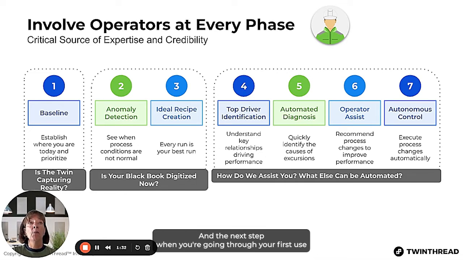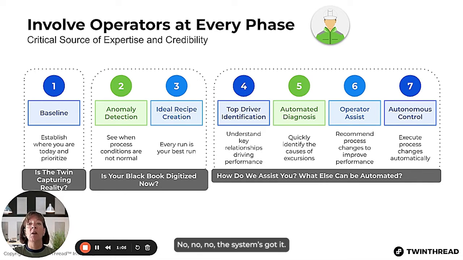In the next step, when you're going through your first use case, you're detecting those anomalies and you're starting to make change, you really want your operators to be able to say, you know what? I don't need my black book anymore. The system is now capturing all of those variances, all of those set point changes, formula changes, weather changes that cause me to have to refer back to my book to just understand what I have to do. No, the system's got it.